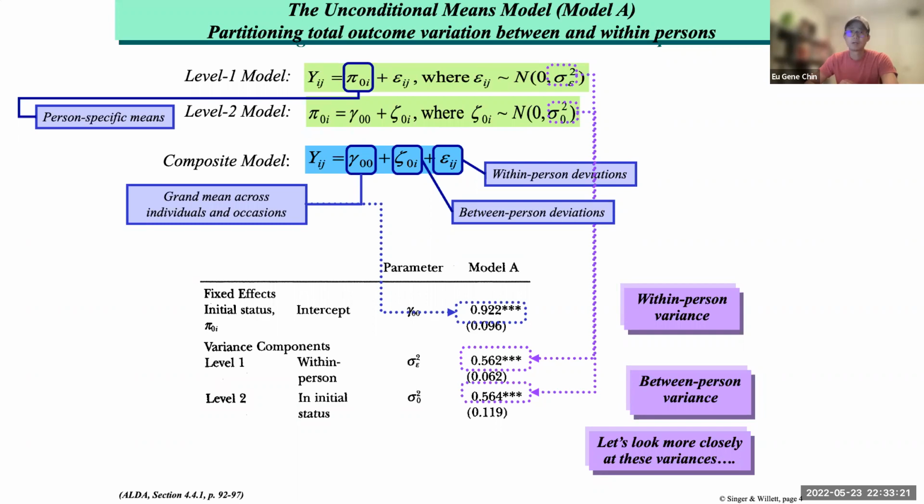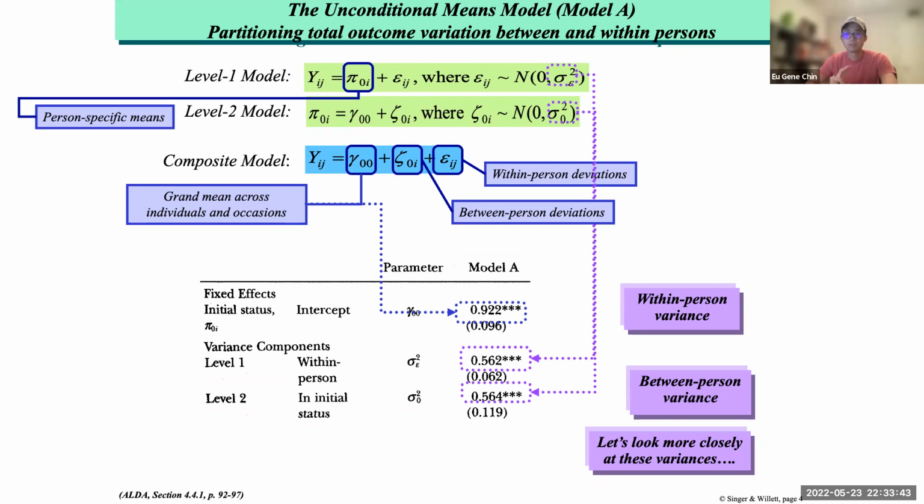The single part of the level 2 submodel right here stipulates, let me have another go at this.